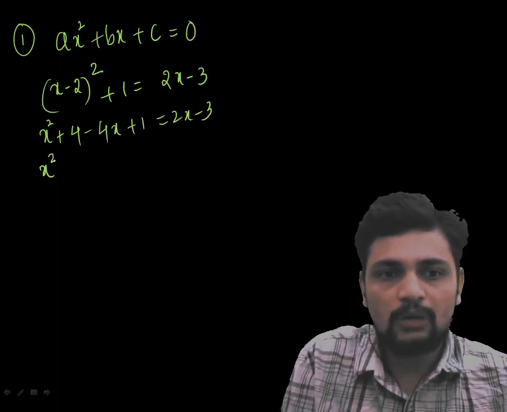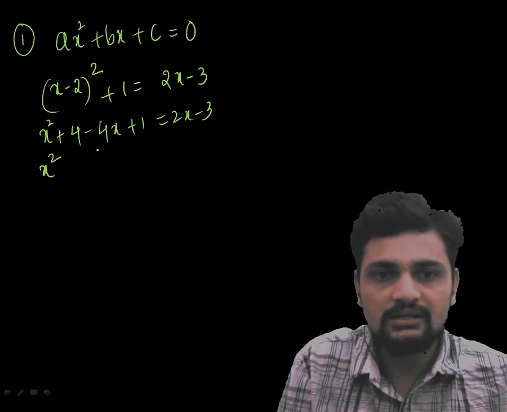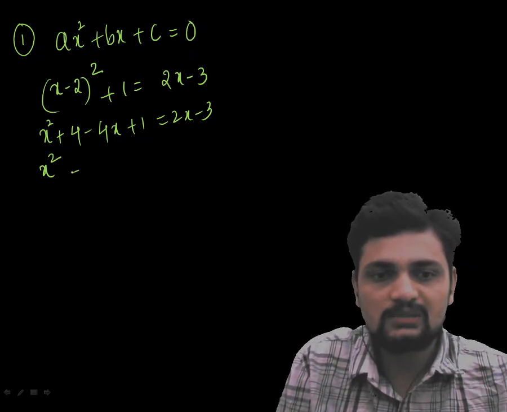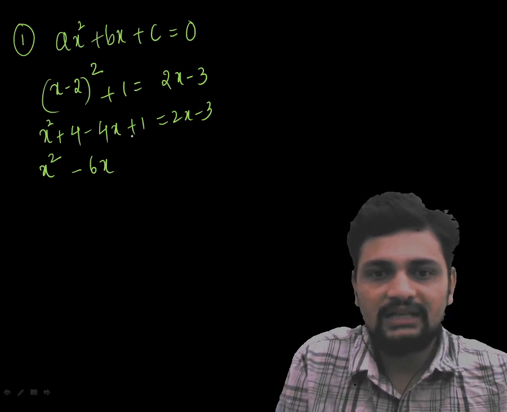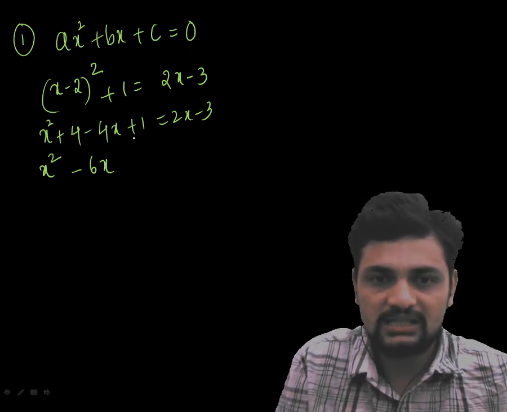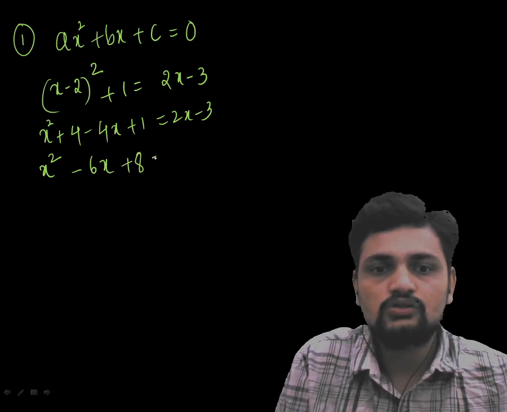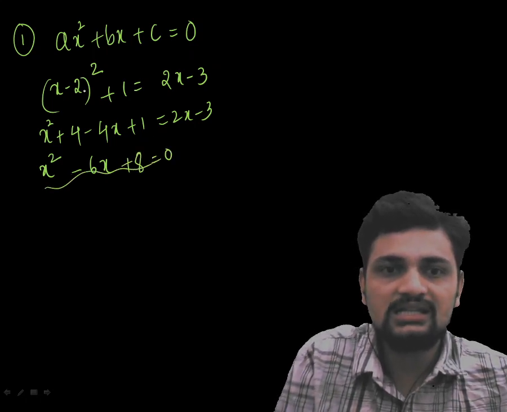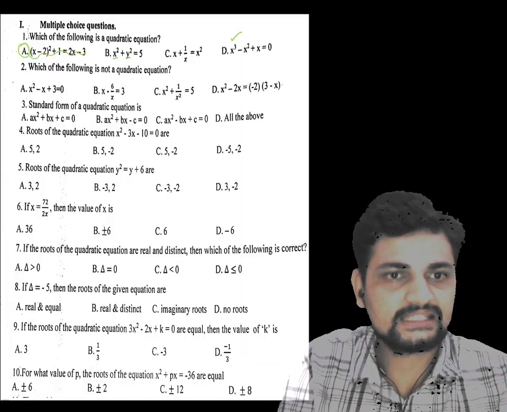As you can see, power is 2, so x square is there. Then minus 4x minus 2x is minus 6x. 4 plus 1 is 5. Then minus 3, if it comes to this side, becomes plus 3. So 5 plus 3 is 8. So absolutely this particular answer is in this generalized form. So for question number 1, option A is correct.